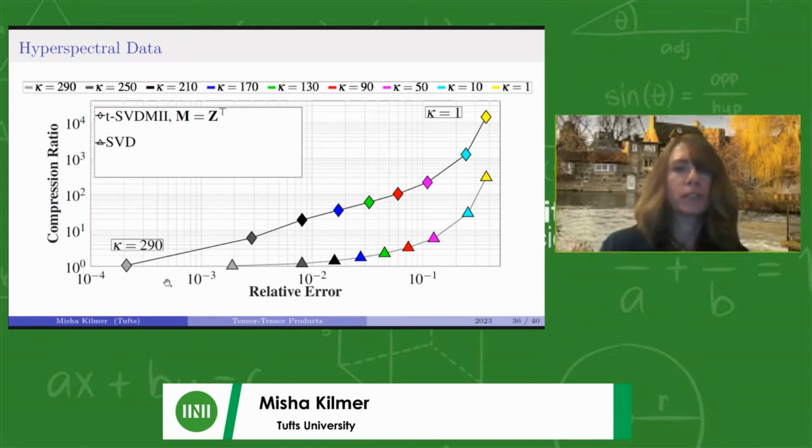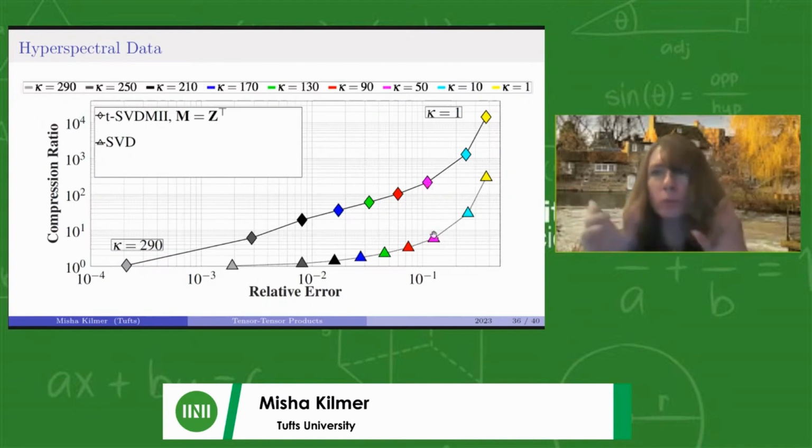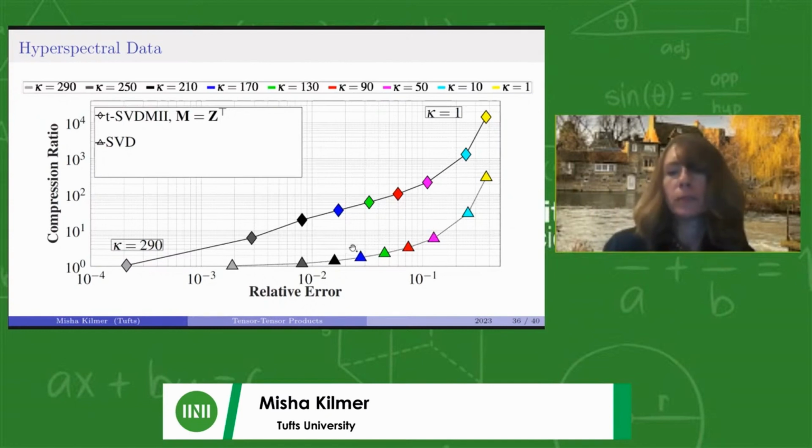This is compression ratio again versus relative error, and you want to be on this top curve, which is where we are. The colors here indicate that we're taking truncation values which are as close as we can make them, given that there are two different types of decomposition similar in nature.